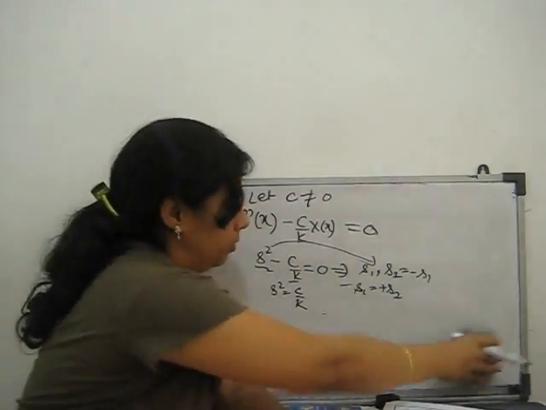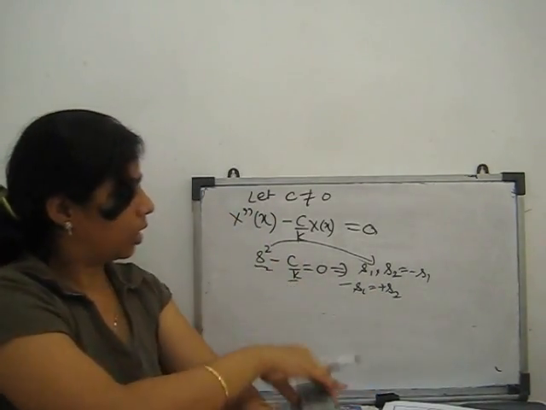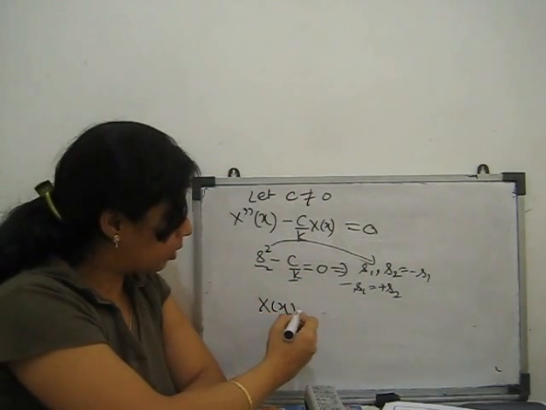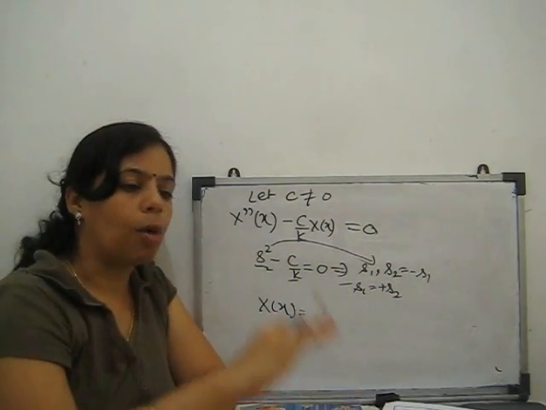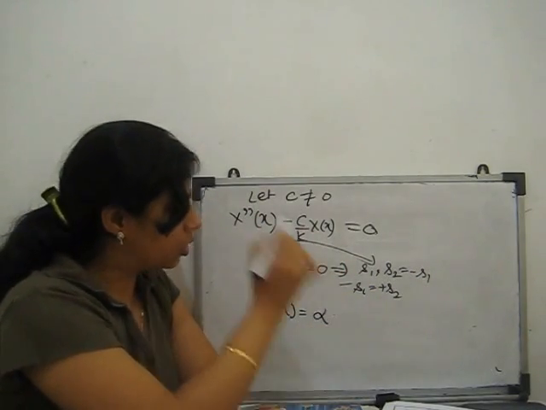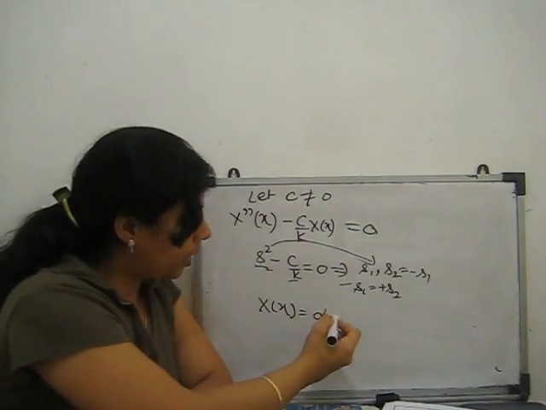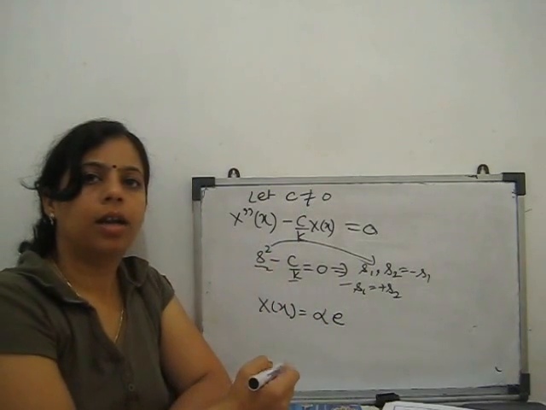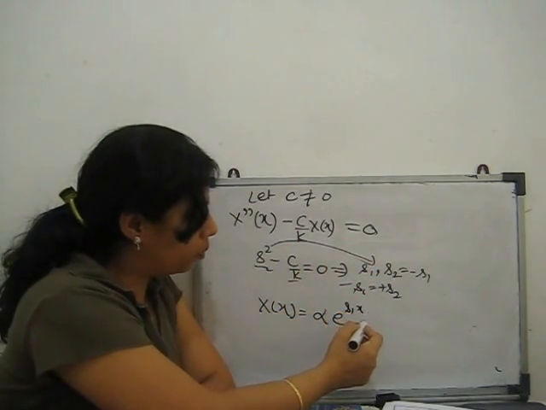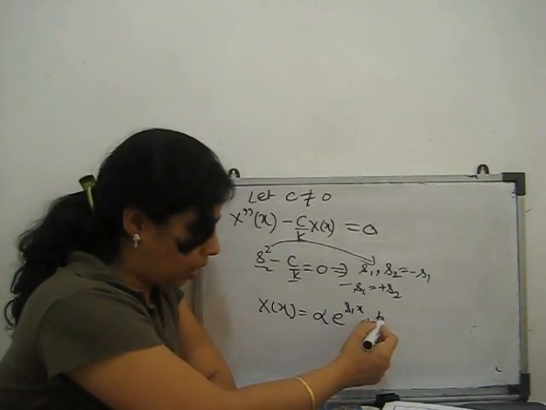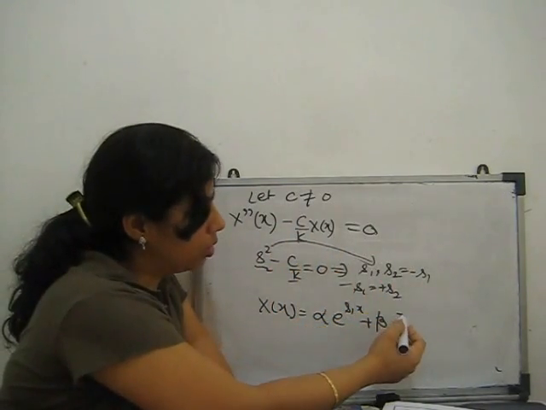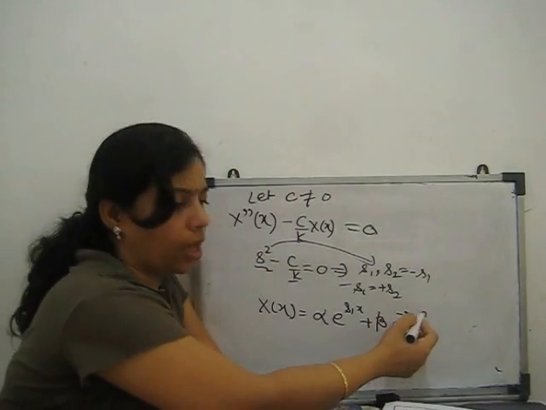The general solution is X(x) equal to alpha e to the power s1 x plus beta e to the power minus s1 x.